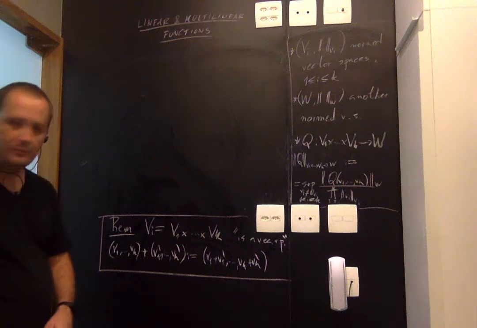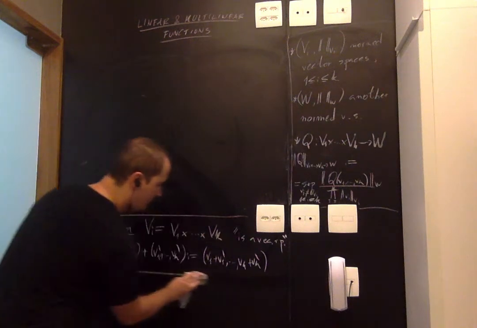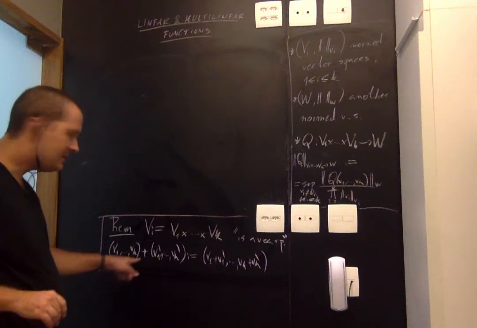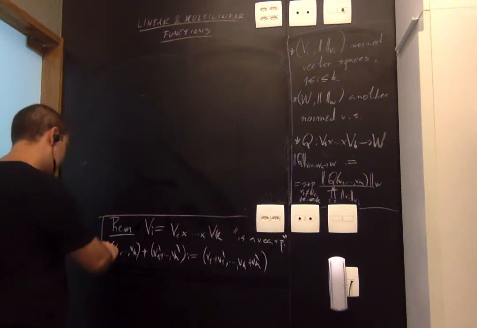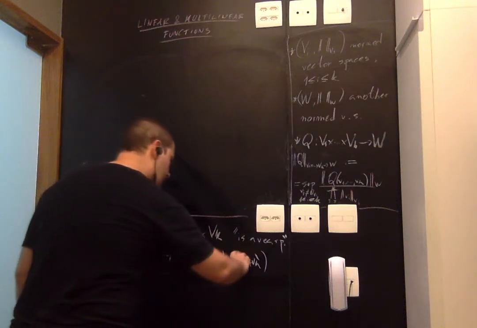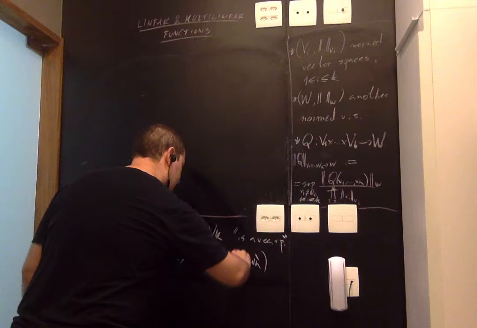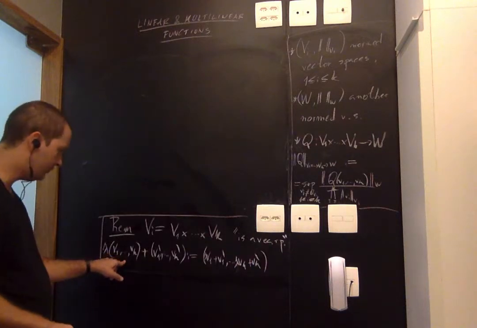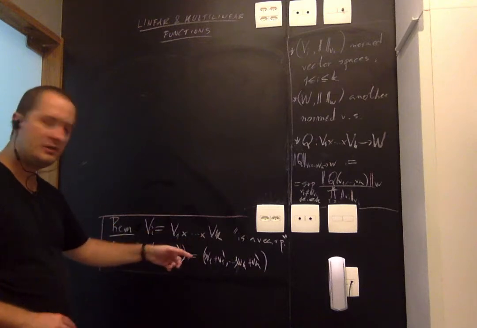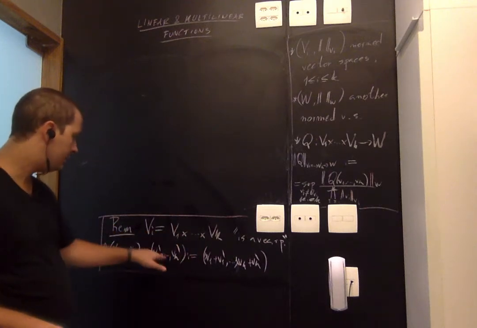I actually need a little bit more space, so let me erase this bottom line here. It's the same thing if you want to multiply by scalars, because if you multiply by a scalar, you just need to multiply all coordinates by that scalar. So notice that I'm multiplying λv1, and so on. This defines the operations of multiplication by scalar and sum.